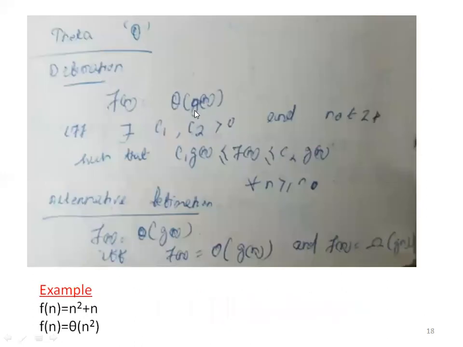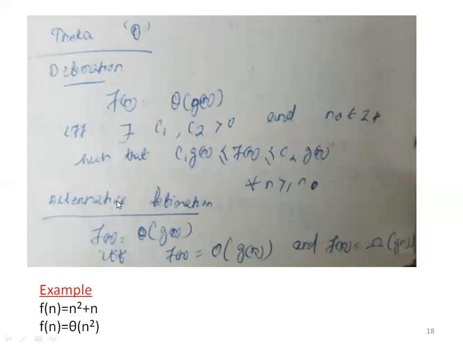So f(n) equals theta of g(n) if and only if there exist c1 and c2 greater than 0 and n0 belonging to Z plus such that c1 into g(n) less than or equal to f(n) less than or equal to c2 into g(n) for all n greater than or equal to n0. If this condition is satisfied, then we can say that f(n) equals theta of g(n).